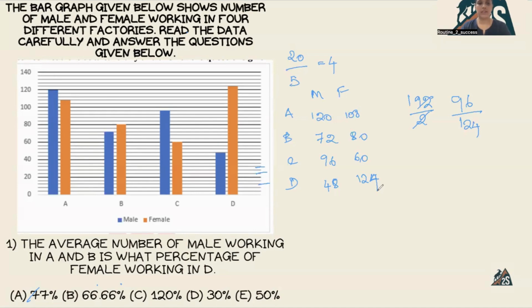We can try 7 or 6. Let us start with 7. When we multiply with 7, we get 868, which is less than 960. So our value is 77%.